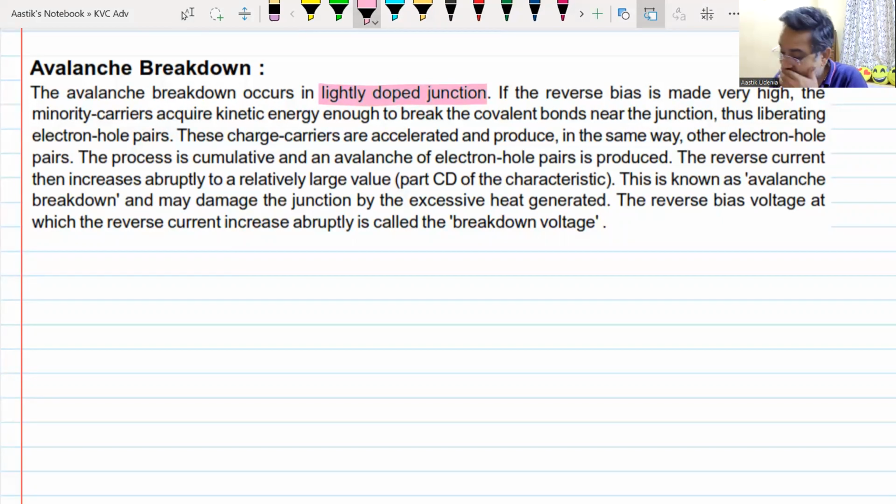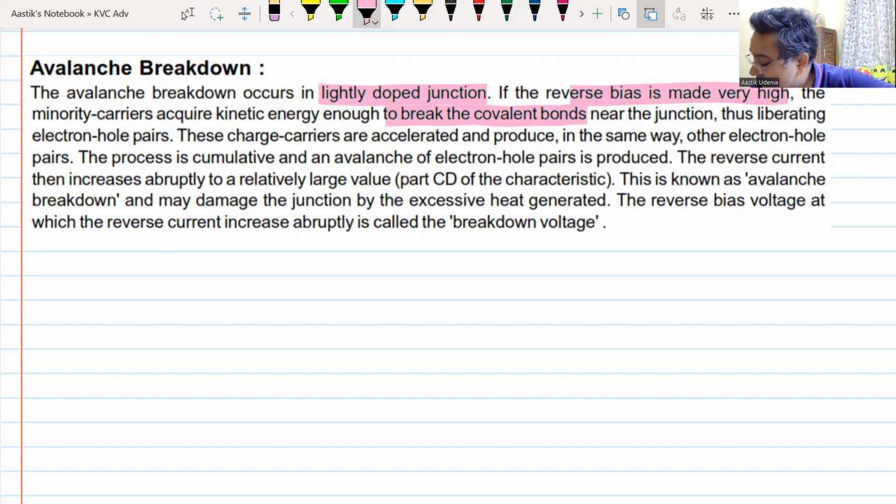This occurs in lightly doped junction, and this happens because of high reverse bias and breaking down of covalent bonds. When the reverse voltage is made very high, the covalent bonds may break.